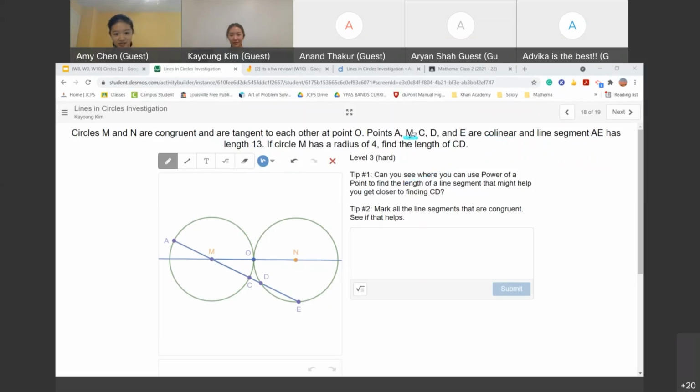Is point C on the circumference of the circle? Yes, it's on the circumference of circle M. D is on the circumference of circle N.